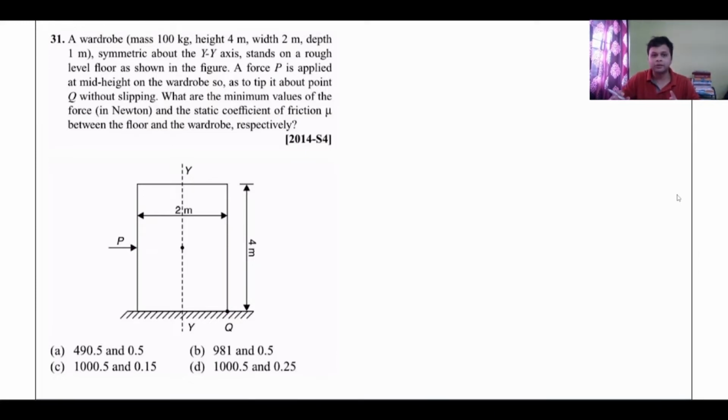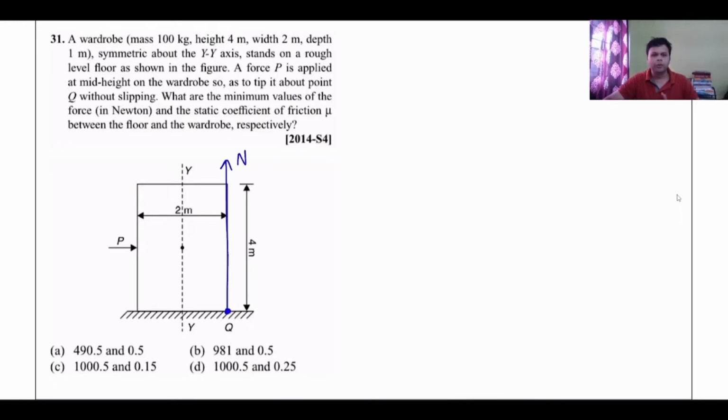Limiting condition means when the wardrobe is about to tip off. So the contact will be only at point Q, because the rest of the surface has almost left the ground.